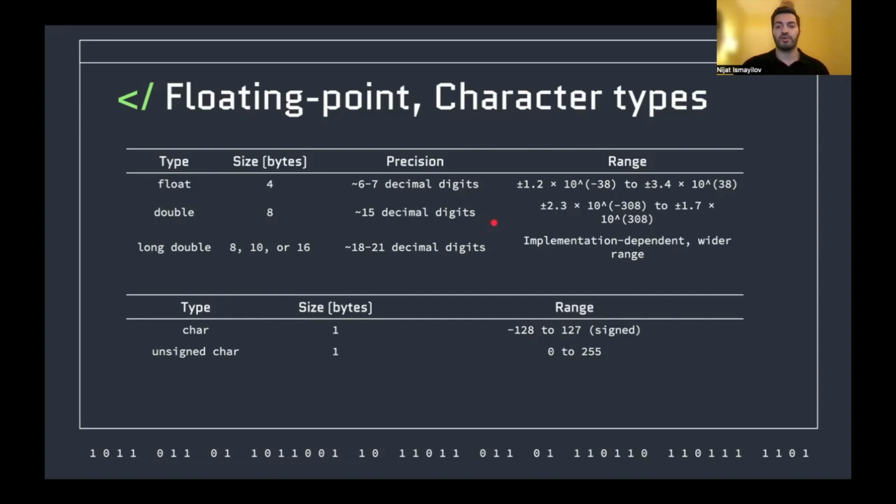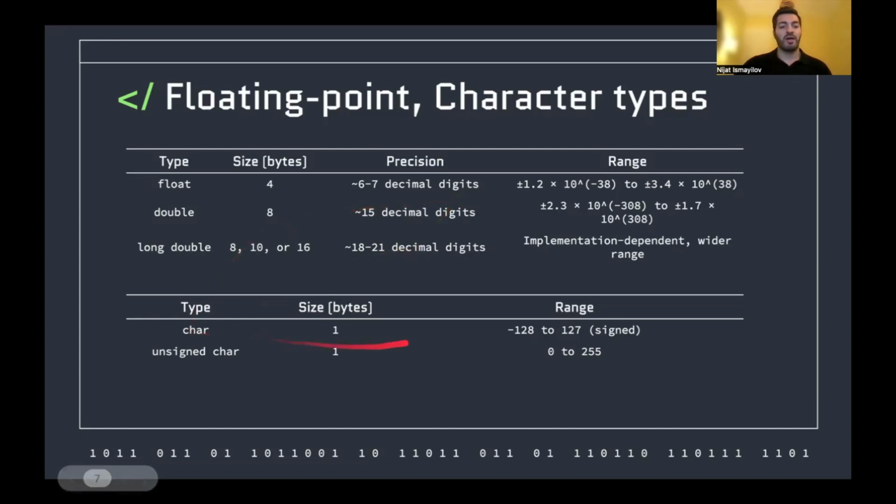Because of the way the computer works and the limited memory that each type of variable holds, it cannot save all the digits with 100% accuracy. That's why we have different types and they can hold different numbers of digits with 100% precision.